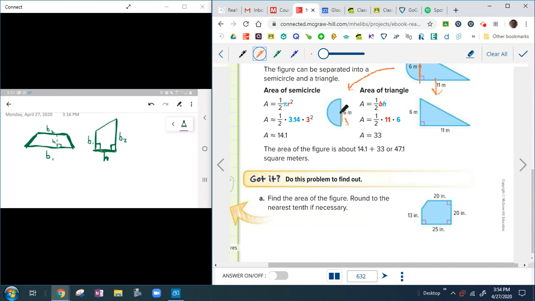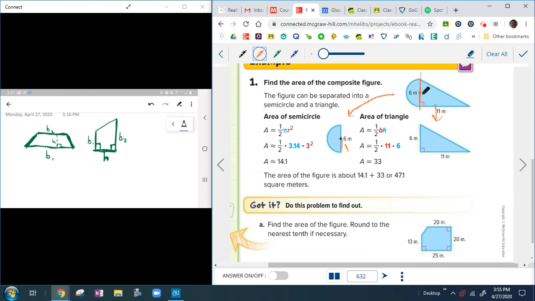That's just one of those little mistakes that you'll make. You'll do all this work and then you'll get it wrong and you'll realize, oh, I forgot to change the diameter to a radius. So then anyway, you get the 3. Type that in your calculator or do it in your head if you've got those types of skills, and you get approximately 14.1.